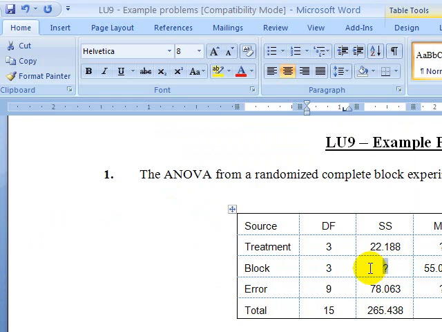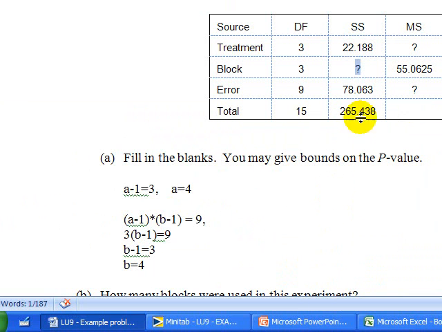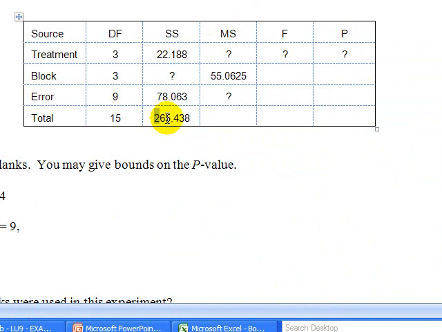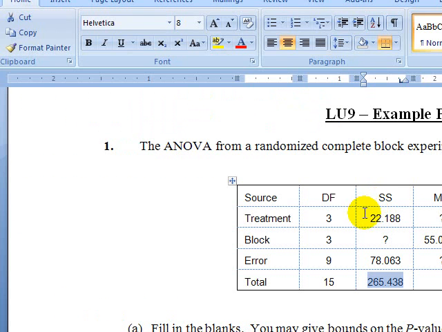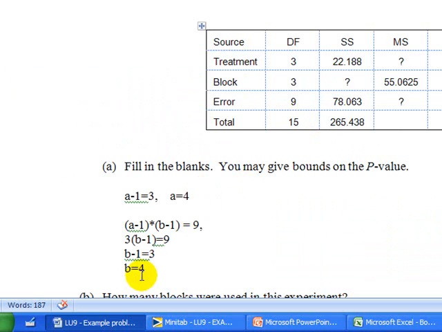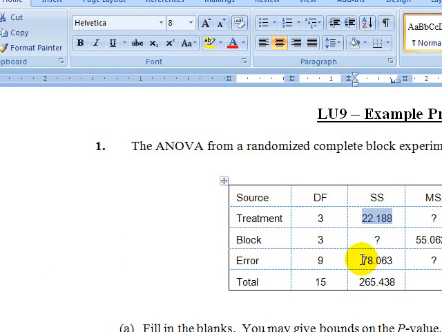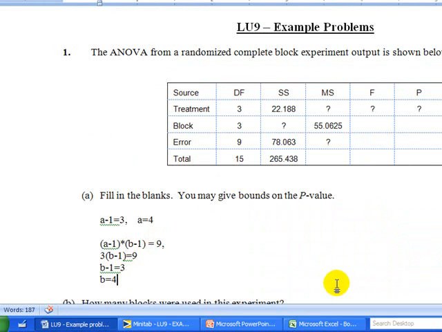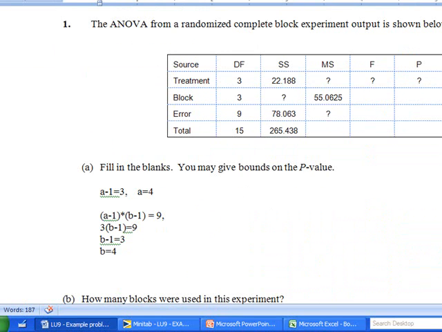Now for the sum of squares, it is the same as we did in, I think, chapter 2. The total value is the sum of all these three, right? So to find SS block, we need to add these two values and subtract them from this value here, right? So let's do that.